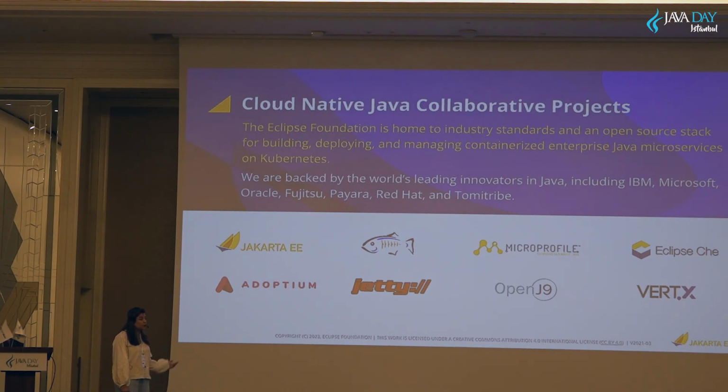And in enterprise Java, we have Eclipse Glassfish, we have Jetty, Vertex, and on the Java SE side, we have Adoptium, which is an enterprise-grade Java SE runtime for OpenJDK, and we have OpenJ9, which is our version of the Java virtual machine. So Jakarta is a part of this Java community that we have at the Eclipse Foundation.